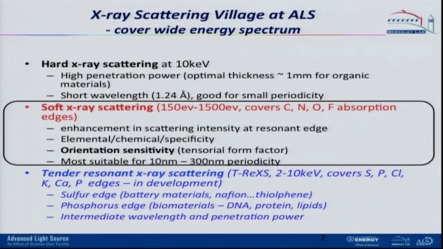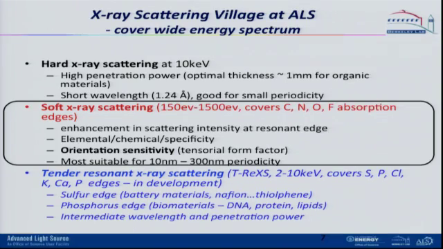But we also try to develop new techniques to be able to do more. In particular, the tools we have are the typical hard X-ray scattering technique, which is the workhorse. But we also have very unique soft X-ray scattering techniques, which go from 150 eV to 1500 eV.